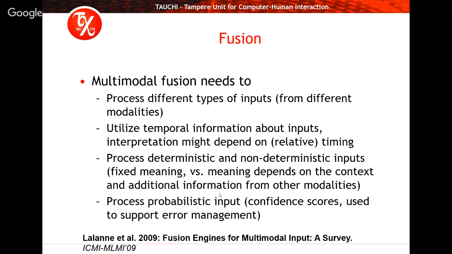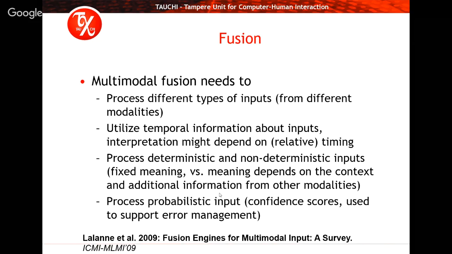On the other hand, the pointing can be just a continuous list of points that the user is pointing at on screen. There is no clear starting point when the user started or stopped pointing at something. If there are objects, of course, we can say that now the user started pointing at that object. But the bottom line is that the fusion engine can receive very different information from the different modalities.